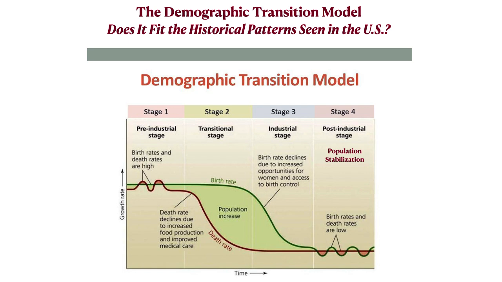That's quite a simplification. And then you're going to reach stage 4, the so-called post-industrial stage of population stabilization, where you're going to have death rates and birth rates both relatively low, leading to population stabilization. And according to the graphic here, the birth rates are going to be fluctuating to some degree, but the death rates are going to be remaining essentially constant.